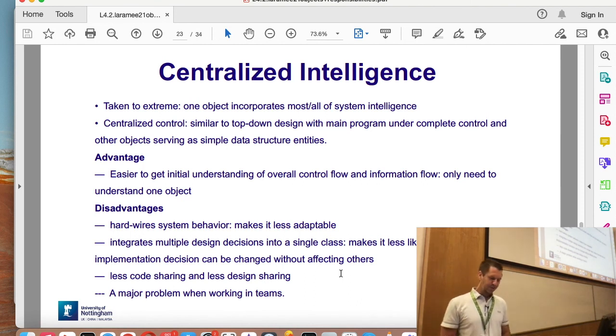We don't use one method and one class anymore, right? The disadvantage is it hardwires system behavior. It makes it difficult to change, actually. Because if you try to change line 2001, you have no idea if it's going to affect line 9115 or whatever.